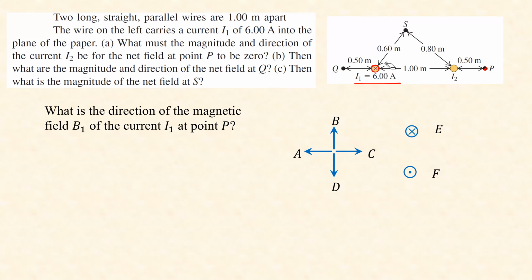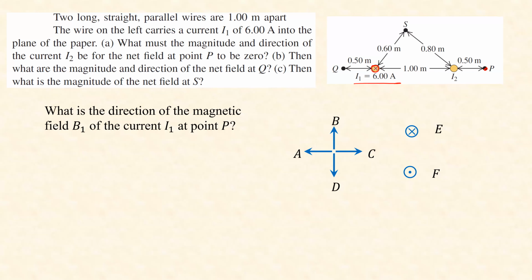No, this is a long straight wire. Do you understand that? It's a long straight wire. It's perpendicular to the page, and the current is going into the page. What did we say about how to find the direction of the magnetic field of that current? We put the thumb in the direction of the current, and then your 4 fingers show which direction the magnetic field circulates around the current.